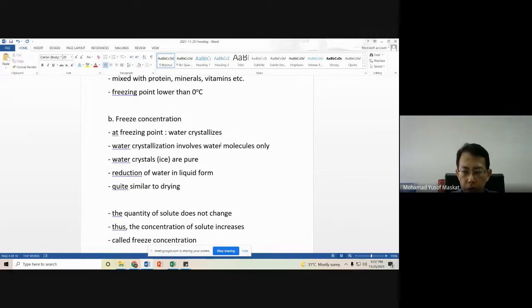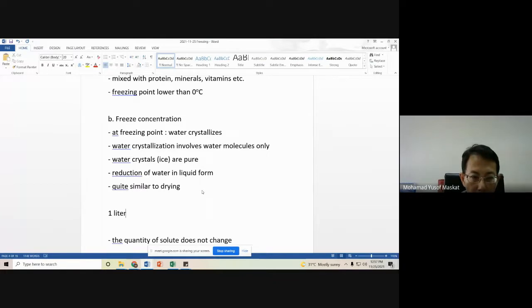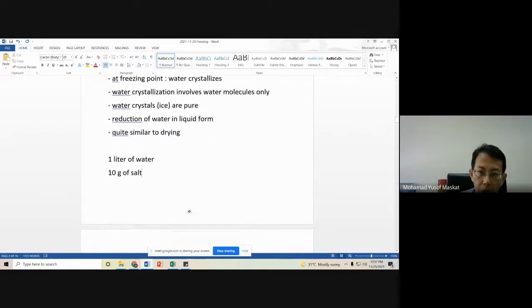Okay. So for example, if we have 1 liter of water inside a food system, and we also have, for example, 10 grams of salt that is dissolved inside that particular food.